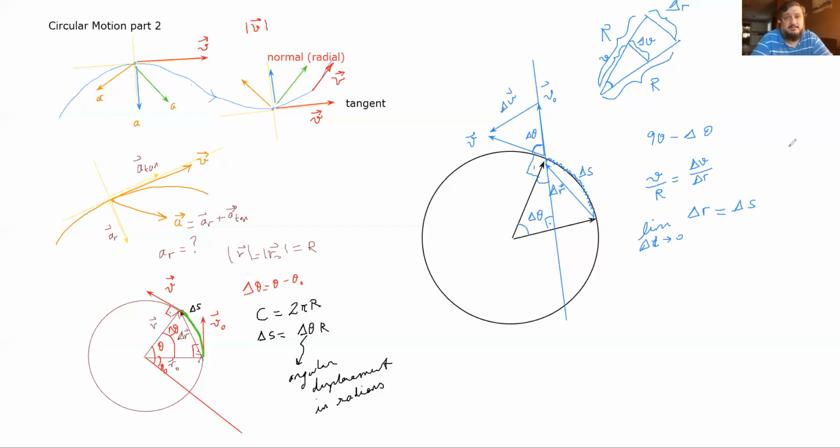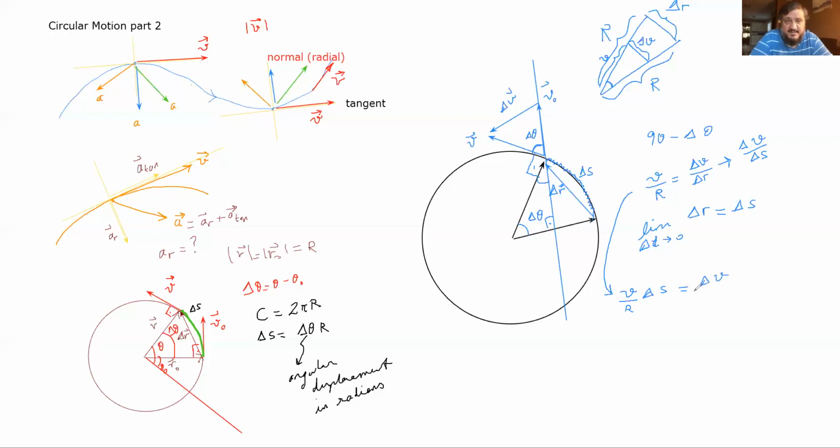So in that limit, I have here delta v divided by delta s. So here's what I'm going to do. I'm going to multiply by delta s. So v over r, this equation, and multiply both sides by delta s to get this.